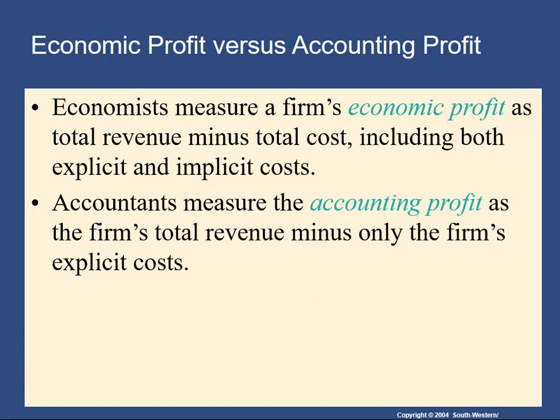So accounting profit is going to be total revenue minus only the explicit costs of the firm, and that's going to mean that accounting profit is always higher than economic profit. One of the things that's going to come up in a little bit is a prediction that economic profits are zero in equilibrium, and that throws students off a lot of the time.